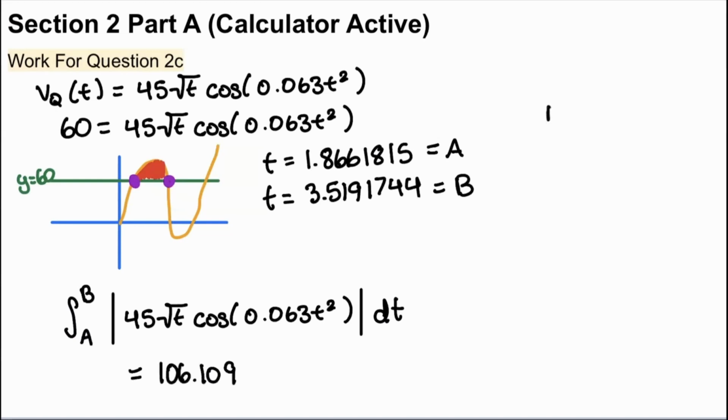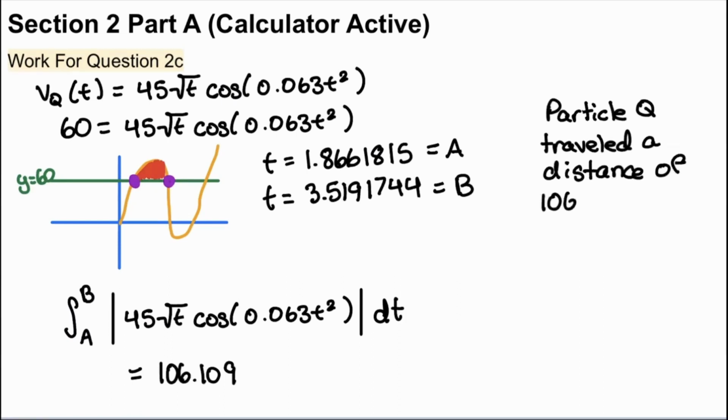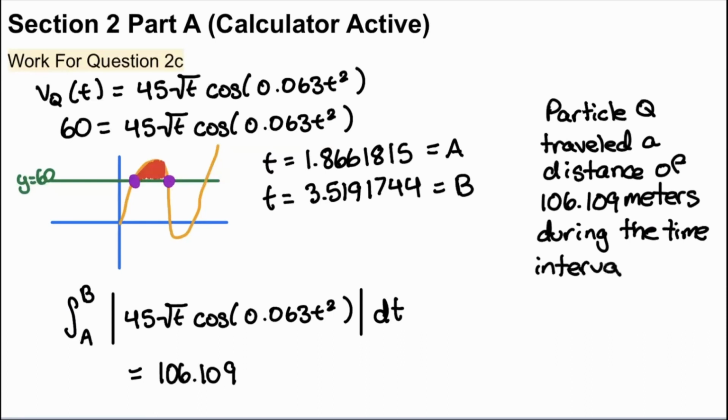So we're just going to write: particle Q traveled a distance of 106.109 meters during the time interval, and this is where setting our t values equal to those variables is going to help.